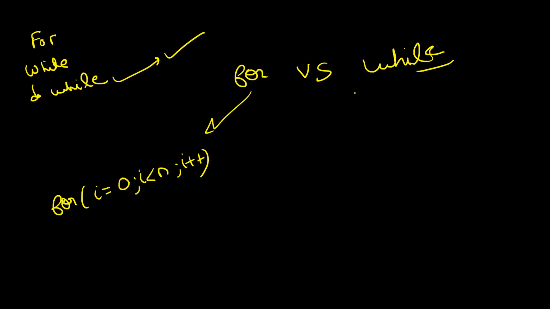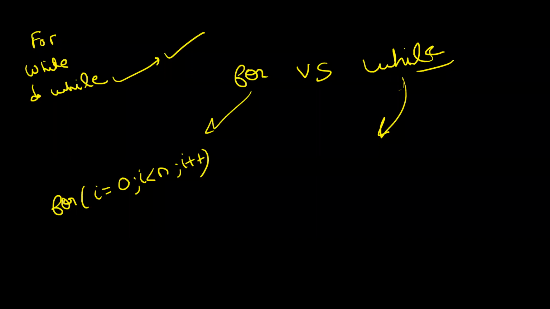But if I don't know how many times my loop will run, I am dependent on a condition. Whenever that condition evaluates to false, my loop should stop running, but I don't know when that condition will become false. I am not in control of that condition. So simply use a while loop.